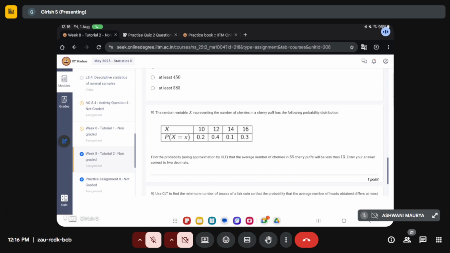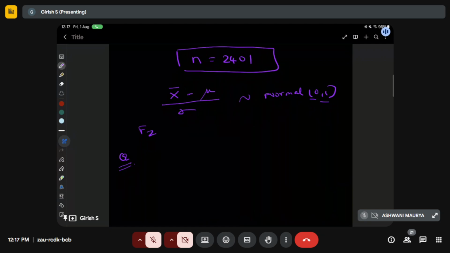So n is 36 and we are given x bar, like we have to write it in terms of that. That will be less than 13. Now let's try to express this in these terms. I'll just write the problem for you.